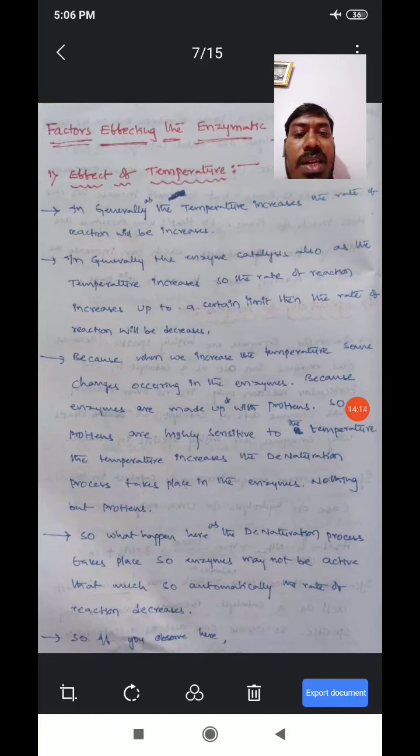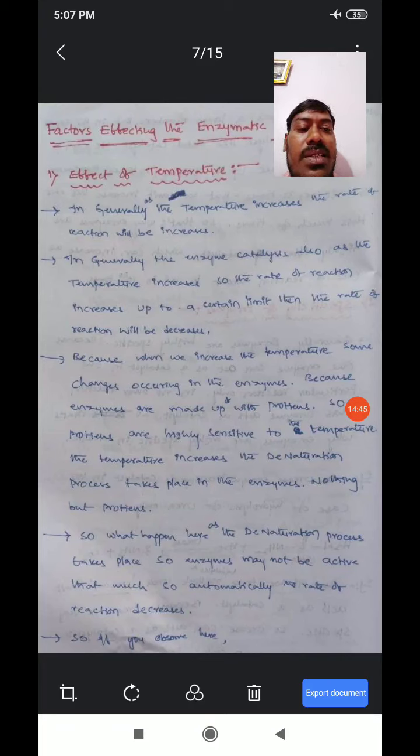Generally, as the temperature increases, the rate of reaction increases. In enzyme catalysis also, as the temperature increases the rate of reaction increases up to a certain limit, then the rate of reaction decreases.